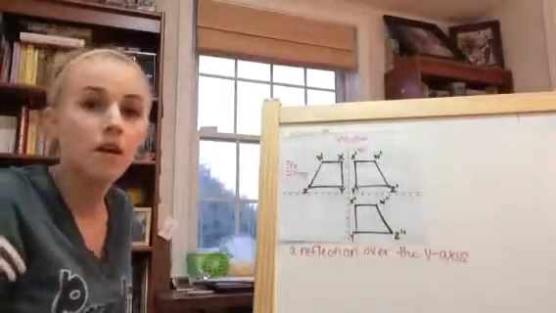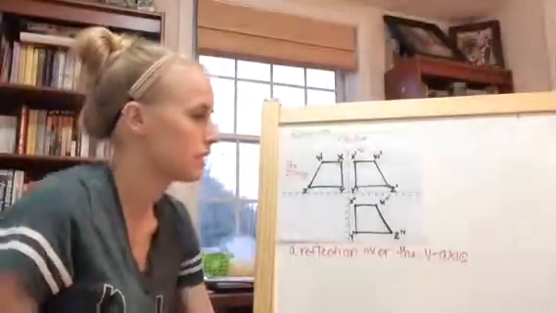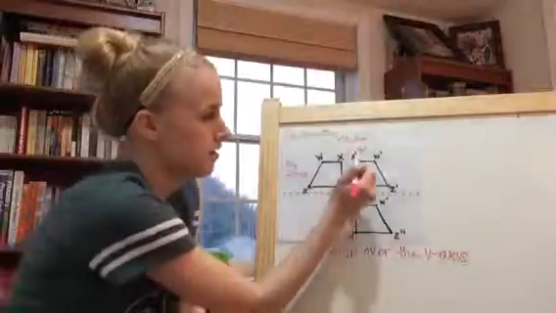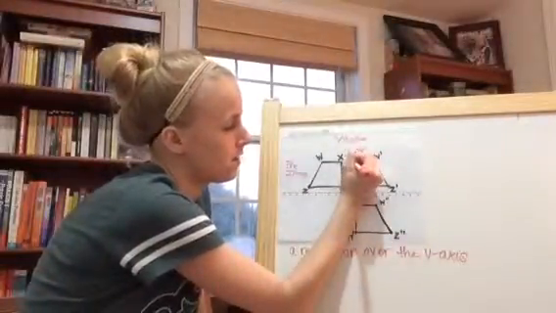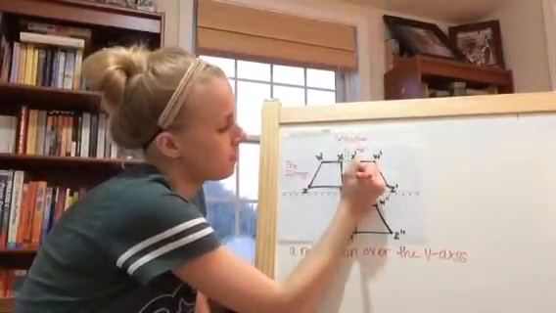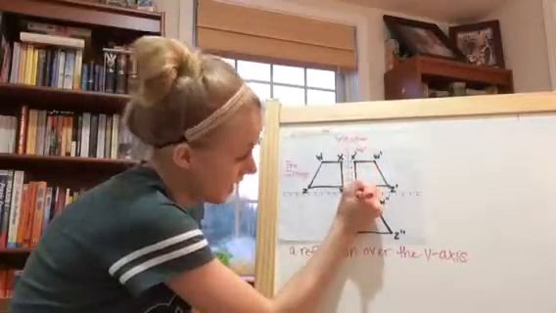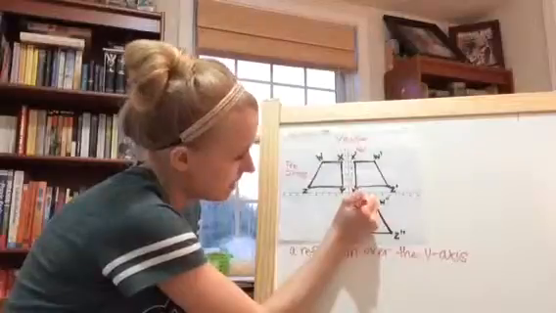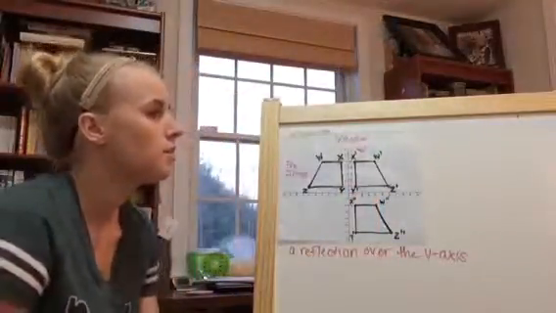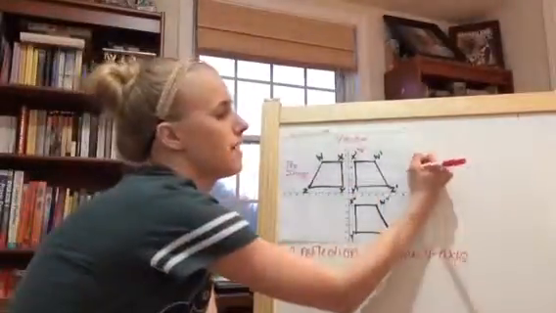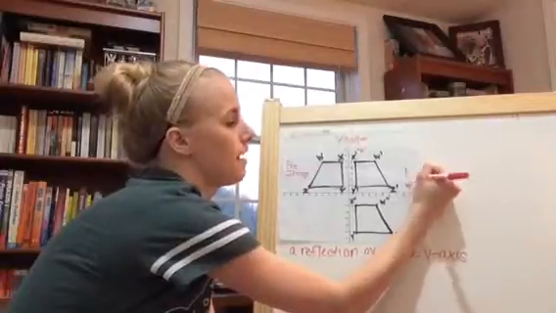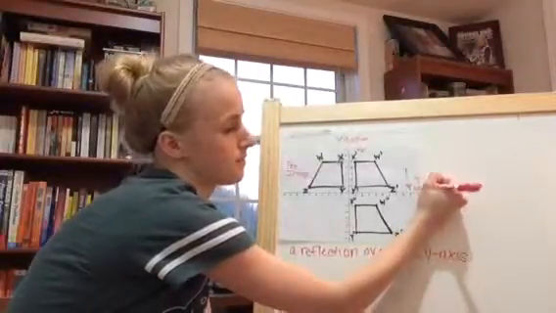Nope, it's the same. So we know that it was a translation. It shifted down, so we have to count the units. We start here and go 1, 2, 3, 4, 5, 6, 7. This time we went down 7 units.